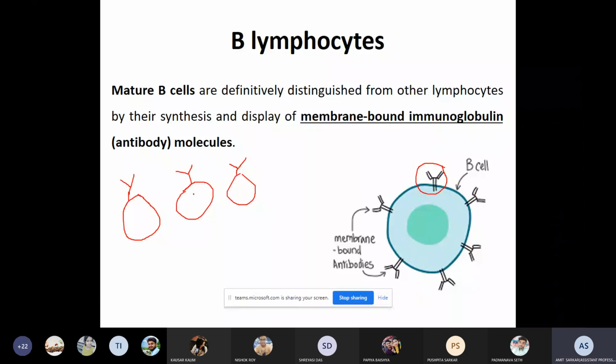This B lymphocyte's antibody is specific for, say, Salmonella typhimurium, responsible for typhoid. This one is specific for Streptococcus aureus, or Mycobacterium tuberculosis, the causal organism of TB. So each has a different type of antibody specific for one particular type of microorganism. Not only one, actually; as you have seen in the case of COVID, so many different variants are coming up.